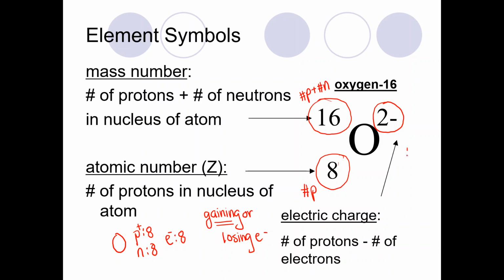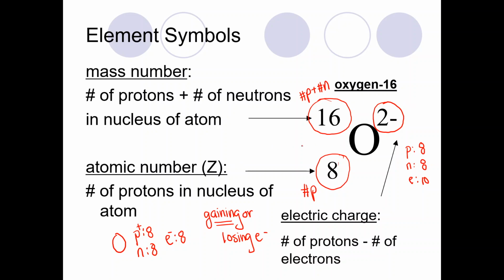So if I were doing the protons, the neutrons, and the electrons for this atom, 8 protons, 8 neutrons, 10 electrons, okay? Or you can just do a subtraction. Protons minus electrons will equal charge, right? So I see here, 8 protons minus 10 electrons gives me a negative charge. I don't often do it as an equation. I just think about it as canceling charges or balancing charges, okay?